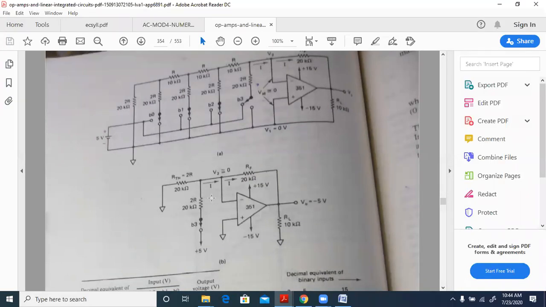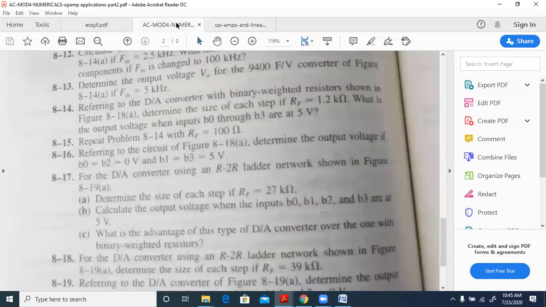So only change is R is 10 kilo ohms now and RF is 27. So we need to write 5 divided by 16 into 10 multiplied by the value of 27, which is given to us over here. That will be the step size.